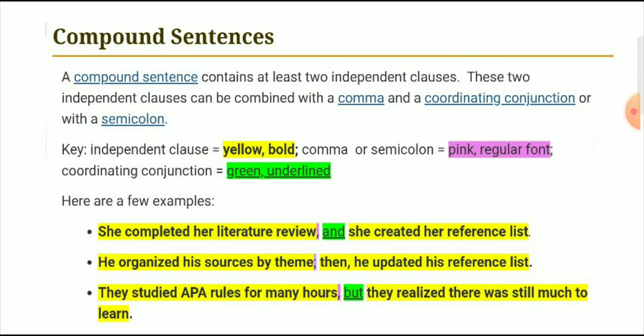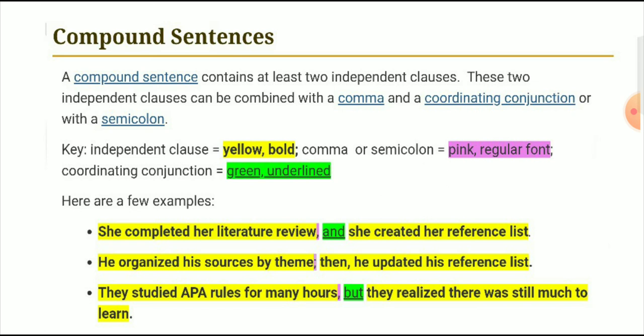Compound sentences. A compound sentence contains at least two independent clauses. These two independent clauses can be combined with a comma and a coordinating conjunction or with a semicolon. Key: independent clause yellow, bold, comma or semicolon pink, regular font. Coordinating conjunction green, underlined. Here are a few examples. She completed her literature review.